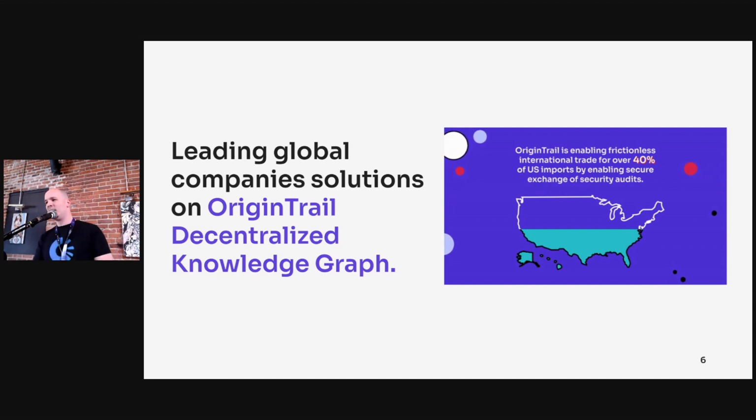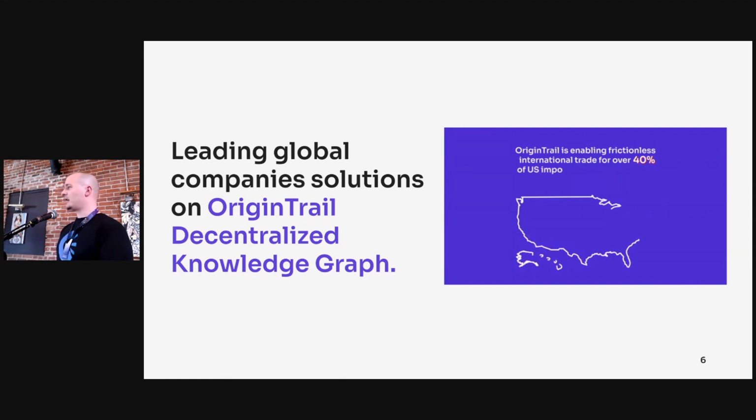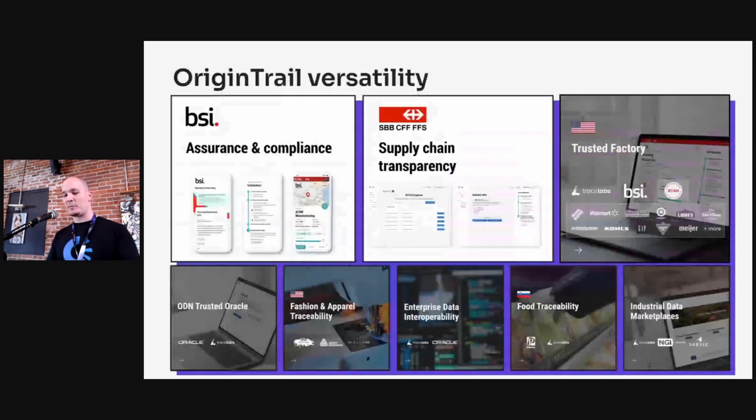Now these audits are used to assess the security of a certain factory, let's say in China, for example. Other examples are, like I said, the British Standards Institution. So it's an assurance and compliance use case. They're issuing training certificates on the knowledge graph as verifiable certificates.